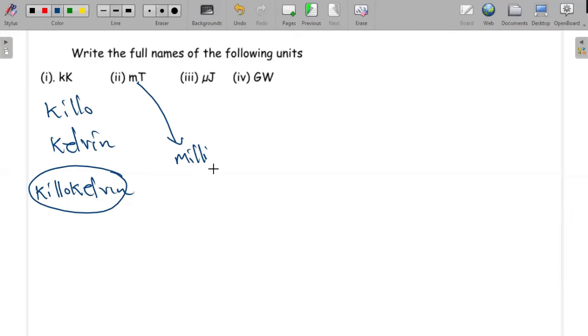Tera is a prefix, so it can't be here. Remember that table for metric prefixes? There's tera, there's giga.